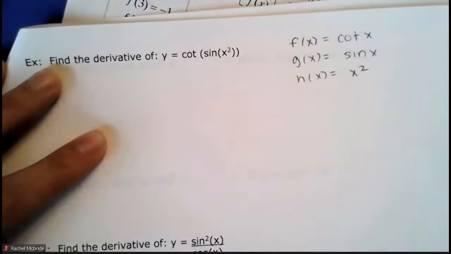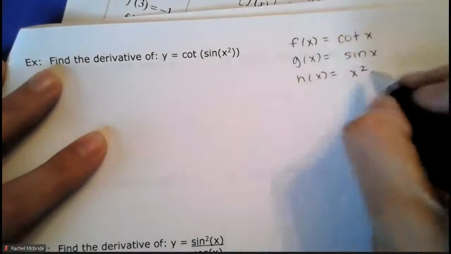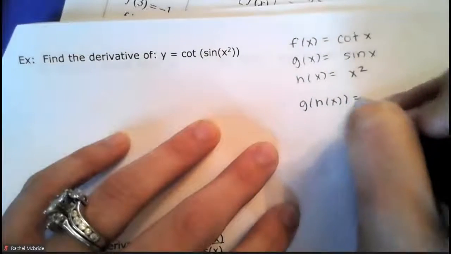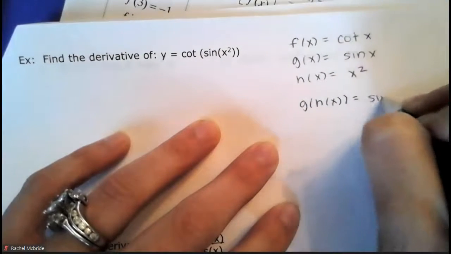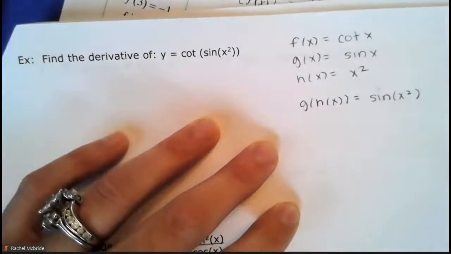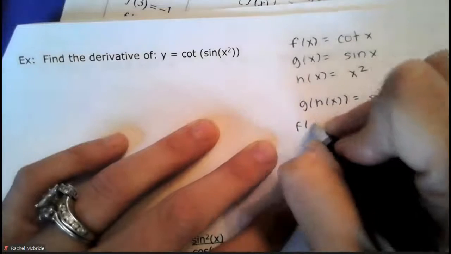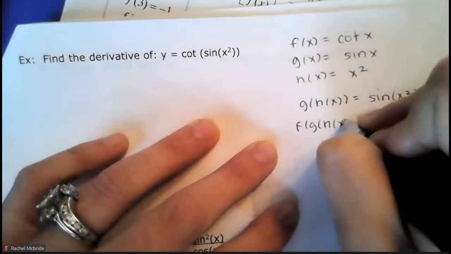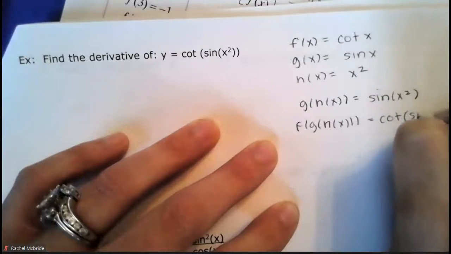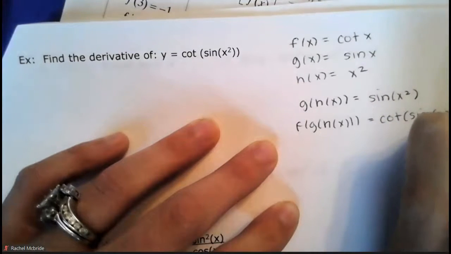So essentially what we have is a triple function composition because the first part is g of h of x, which is the sine of x squared. And then that's really like saying f of g of h of x, which is the cotangent of the sine of x squared.